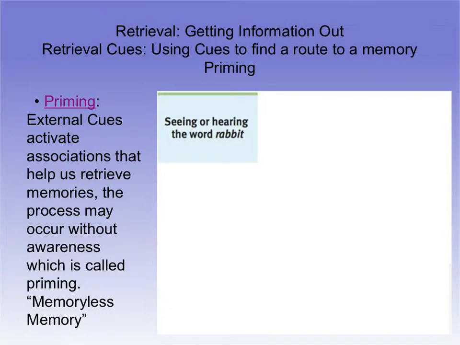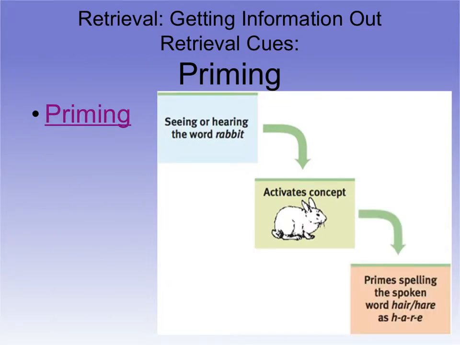So priming, this is one of the reasons why recognition is easier or better than recall. Priming are external cues that activate our associations, helping us retrieve memories, and this process often occurs without our awareness. So if you see or hear the word rabbit, you then think about rabbit, and then if you're asked to spell the word hare, right?